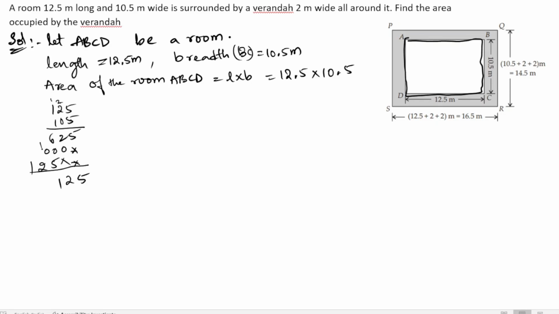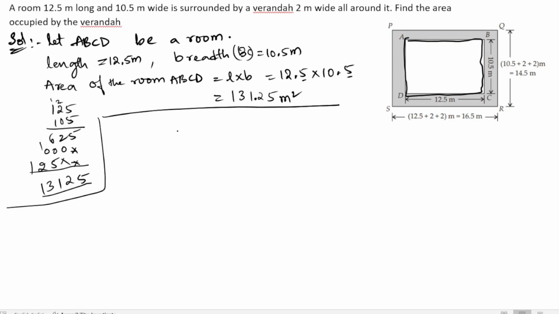So 5, 2, 6 plus 5 is 11, 3, 1. So 1 3 1 2 5. Now let us write down 131.25. There is one digit after the decimal in each number, so there are two digits after the decimal. So we write square meter. Now we have the area of the room.